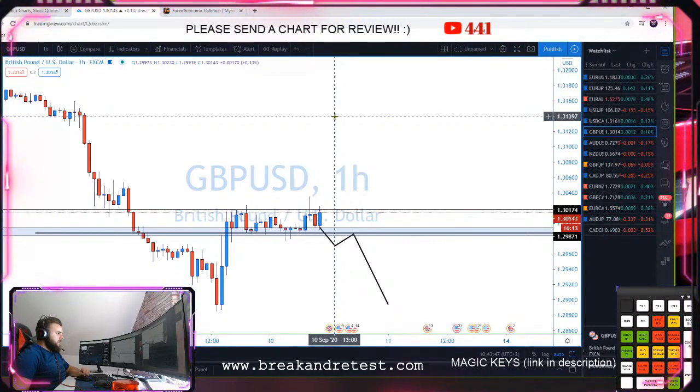GU is also a 4-hour and daily level, so it's a pretty good level here. If it does break, it's going to be a nice move. Just be patient until the trade comes. Do not rush things.